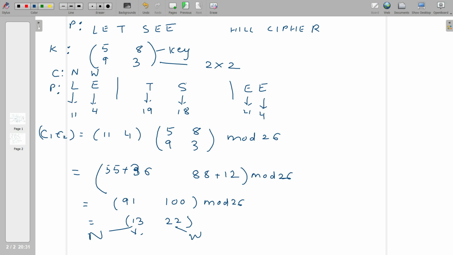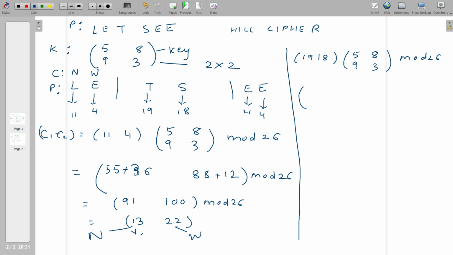Now let's do it with the next letters, that is T and S. T and S are 19 and 18, and the key is the same, 5, 8, 9 and 3, and this operation is a mod 26 operation. So let me multiply it and write it. 19 into 5 comes out to be 95, and 18 into 9 comes out to be 162.